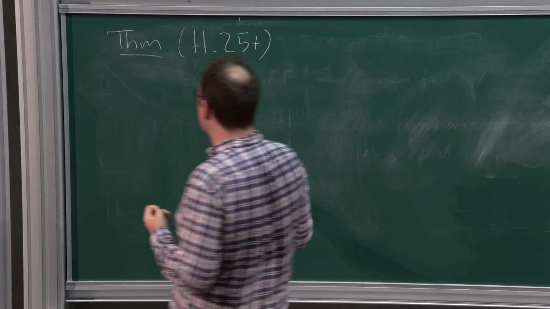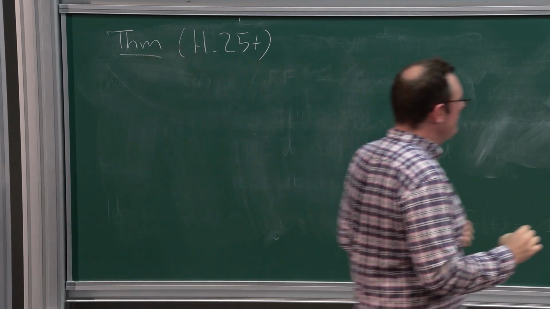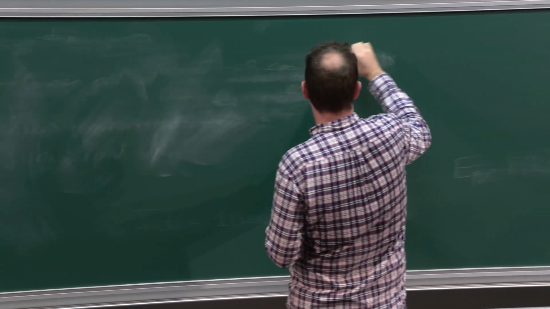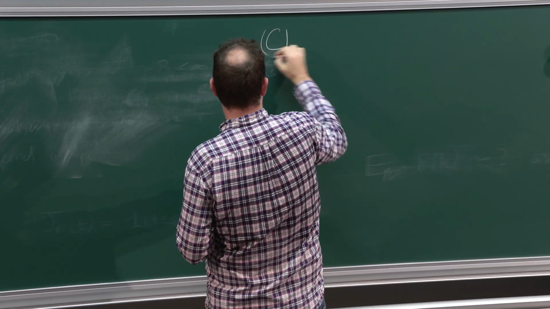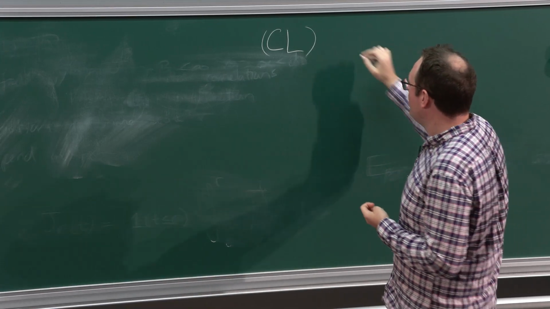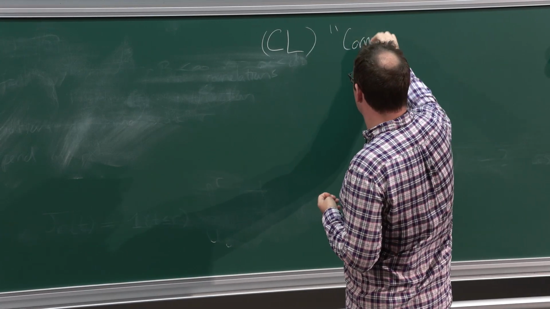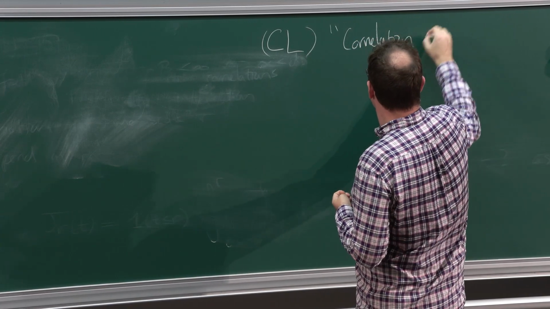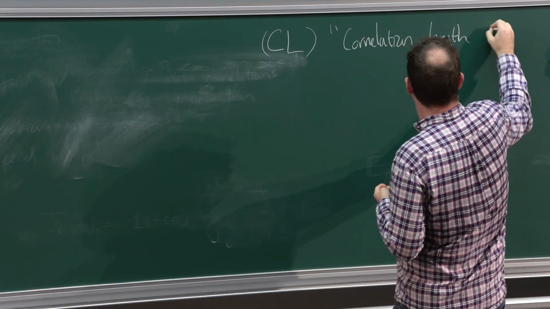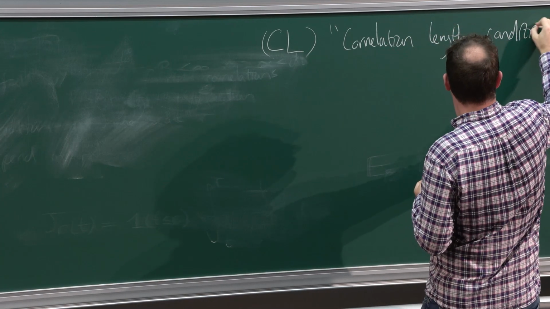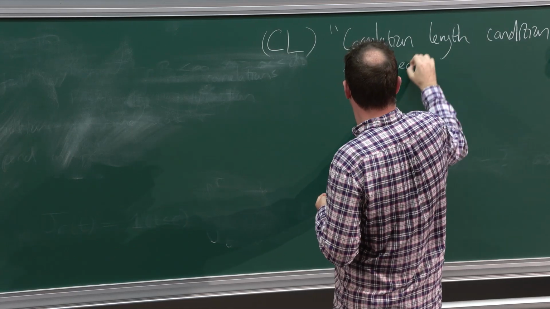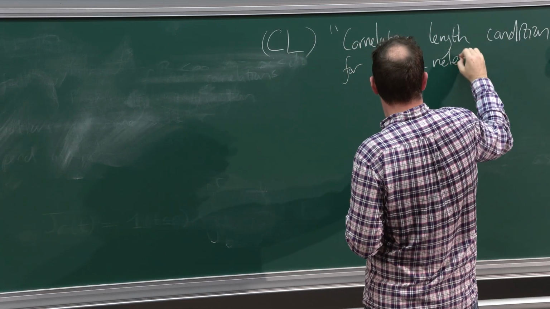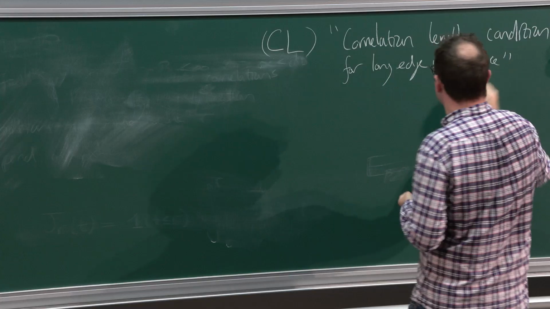Okay. So let's say that the model is... I'll define this property CL, which I call the correlation length condition for long edge relevance. Okay.